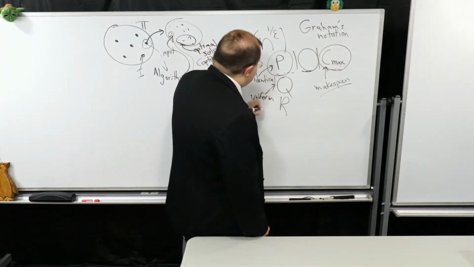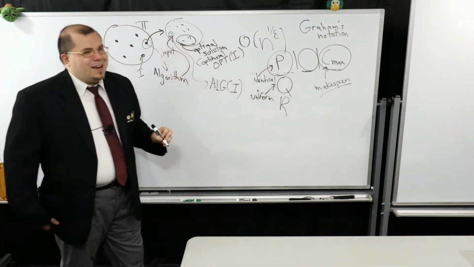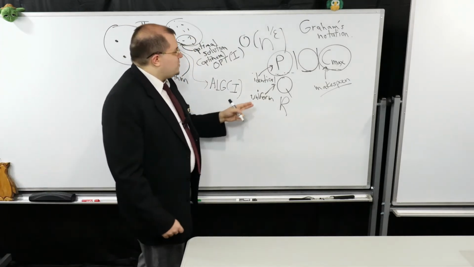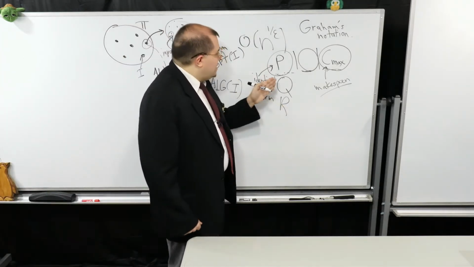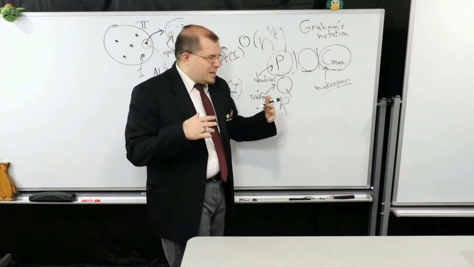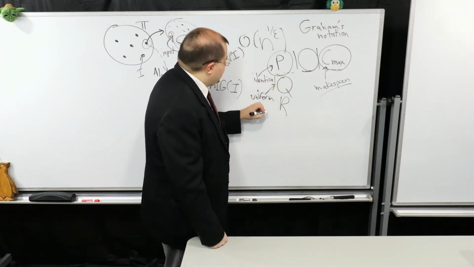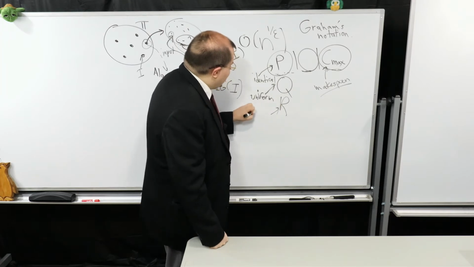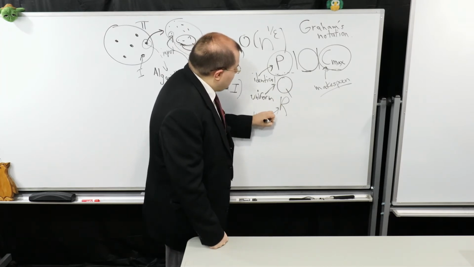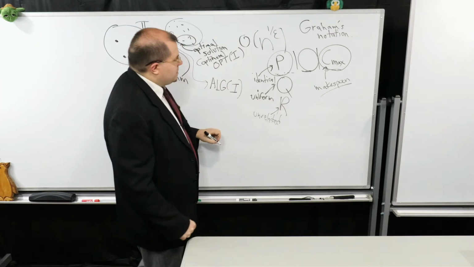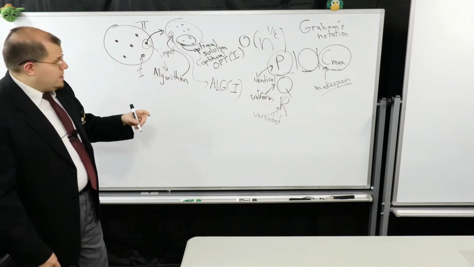I didn't create these symbols, so don't ask me why they need to be like this. P I usually think is parallel, Q as quotient, though I don't necessarily know if that's the reason why. And R is going to be unrelated. That's the one we're going to primarily focus on in a moment.